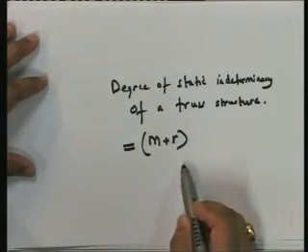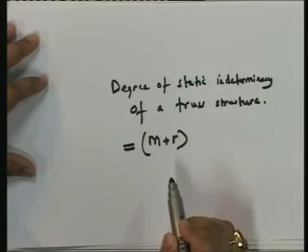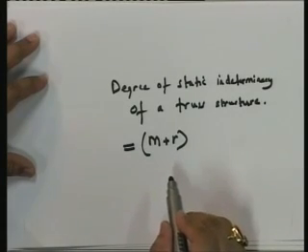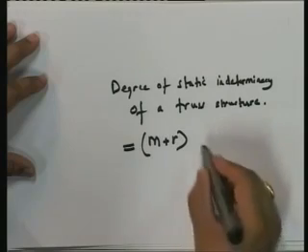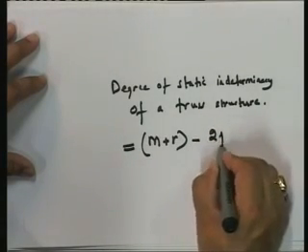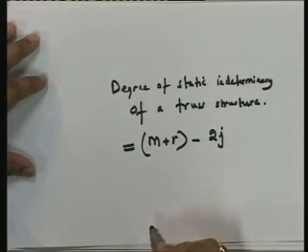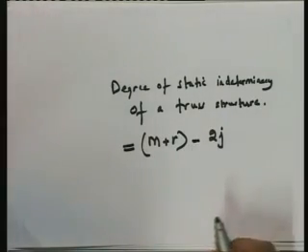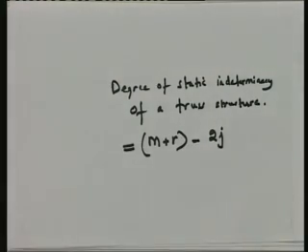M plus r are the total number of unknown forces in the structure minus the number of independent equilibrium equations, which are given by 2j. Very simple. This is the formula for determining the static indeterminacy of a truss structure, a planar truss.